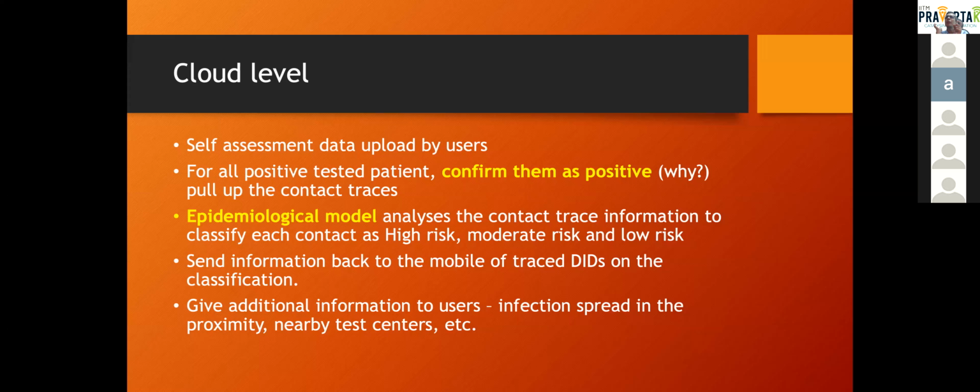And once a particular person tests positive, the cloud will go to that mobile number and take all the contact traces in that mobile. So A has tested positive, so all that is stored in A's mobile will then be taken. There is a policy here that I am not going to take the information from a mobile unless I need it, right?